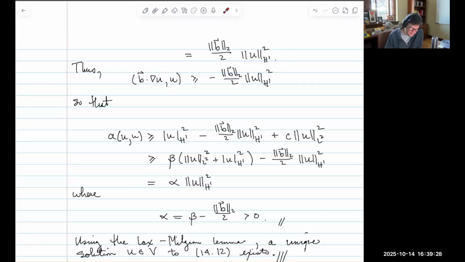Well, if 1 is the smaller constant and I replace c by the smaller constant 1, then I get a 1 in both locations, and beta would be 1 here, and I could combine these two together as I've done. Okay, if c is the smaller of the two, then I'm going to replace this 1 by the smaller constant c, and I still get beta because beta is defined as the smaller of the two anyway, times that smaller constant times this sum.